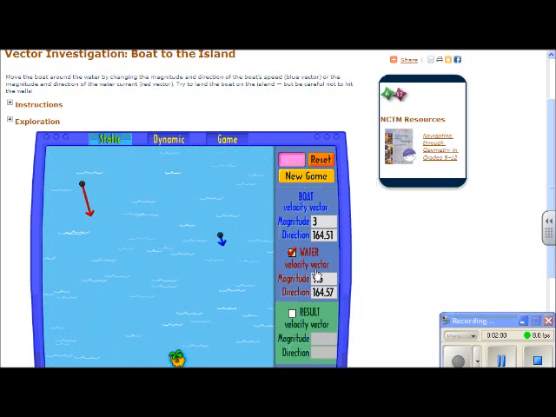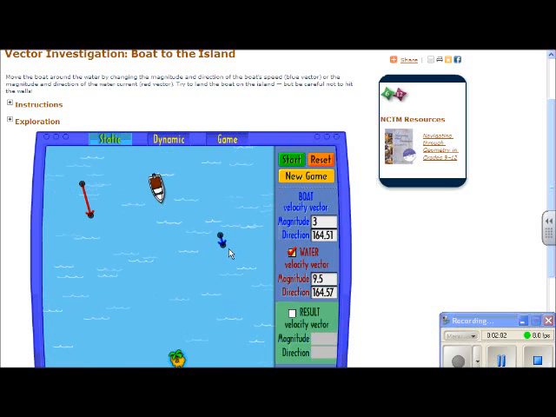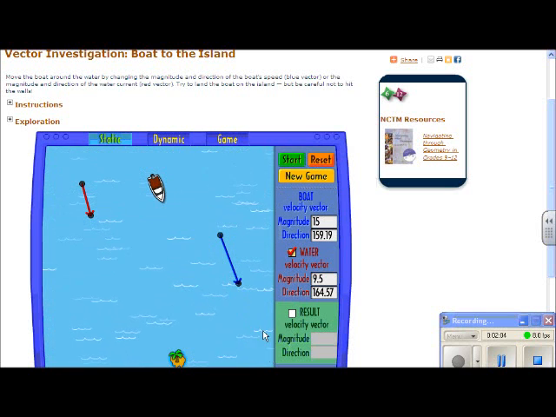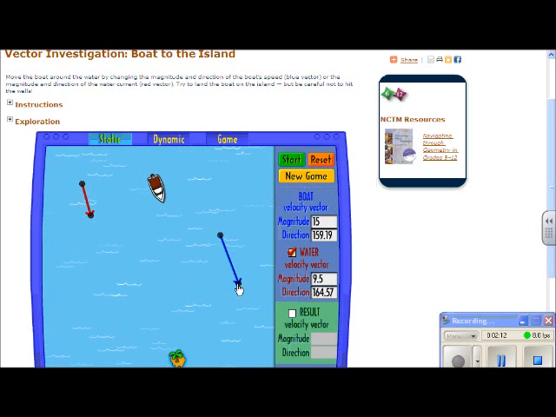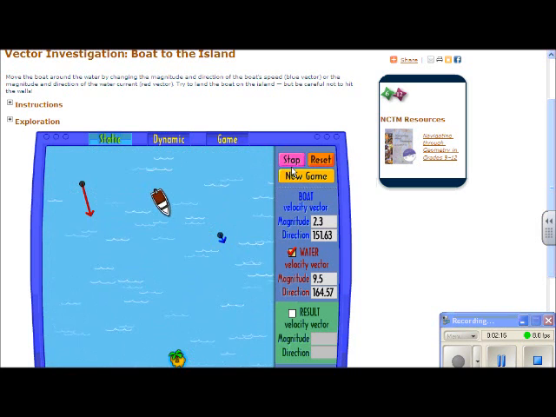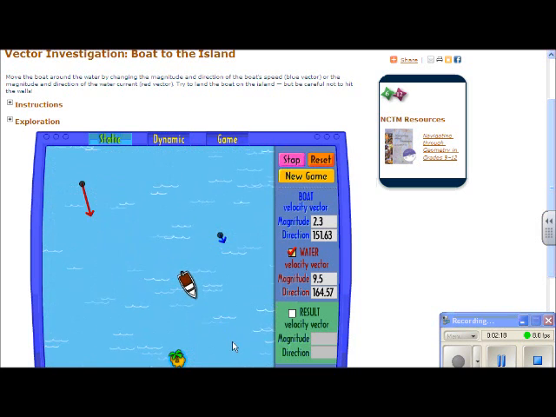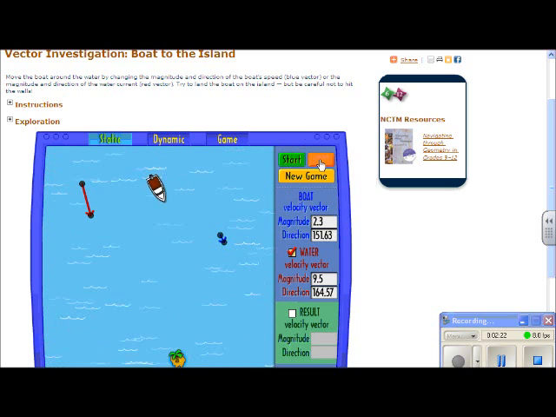When I change the length of the vector, let's make it longer. Now it's as long as I can make it, and I hit start. Notice how much faster the boat's going. That's what the length of the vector is doing. It's controlling the speed of the boat. There it's kind of slow. The longer I make that vector, the faster the boat goes.